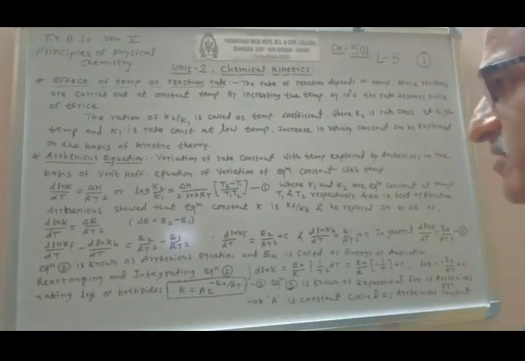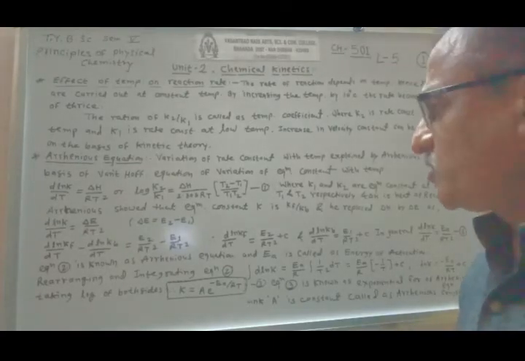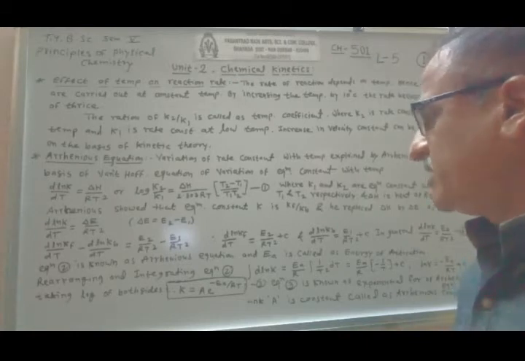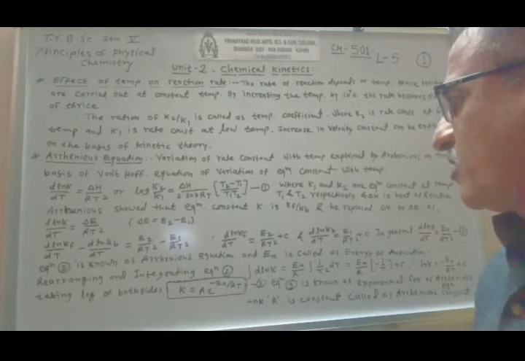Arrhenius showed that the equilibrium constant K is the ratio of Kf to Kb, where Kf is the rate constant of the forward reaction and Kb is the rate constant of the backward reaction.